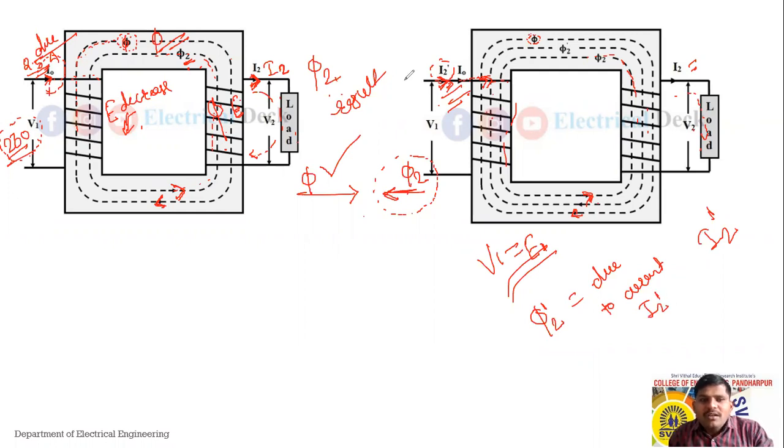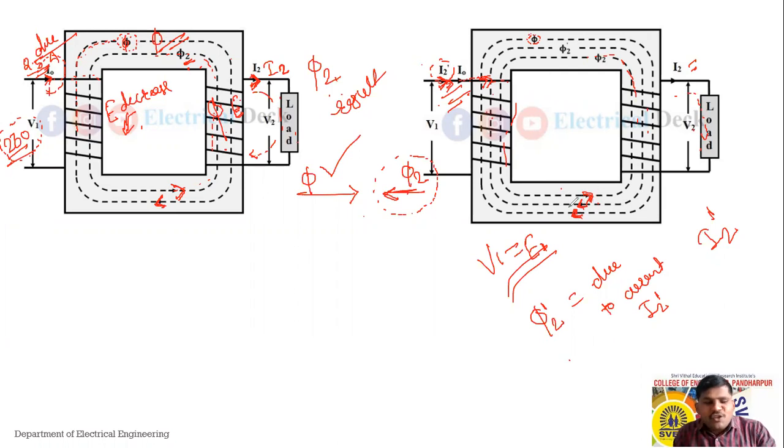I2 dash करंट मुळे या ट्रान्सफॉर्मर मध्ये phi2 dash फ्लक्स सेटअप होतो. But this flux phi2 dash is in the same direction as that of main flux. Main flux च्या same direction ला असेल, right? No, it is in the same direction as that of main flux. बघा याची direction, this phi2 dash will be produced by that of I2 dash, and direction of this is nothing but clockwise direction, right?